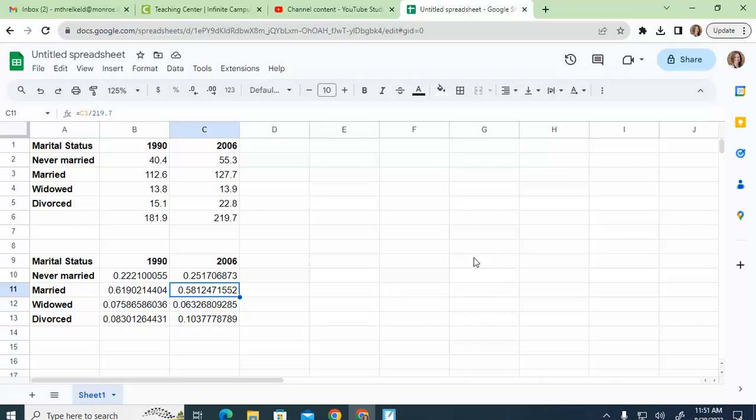So then for your relative frequency, C2 divided by the total exact here.